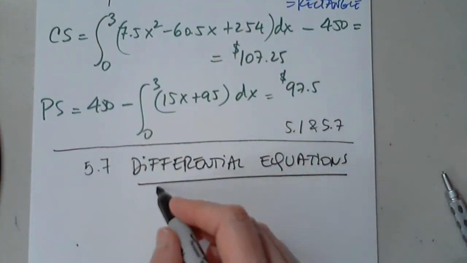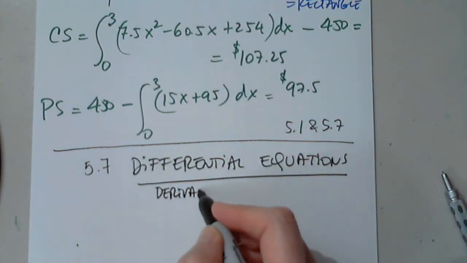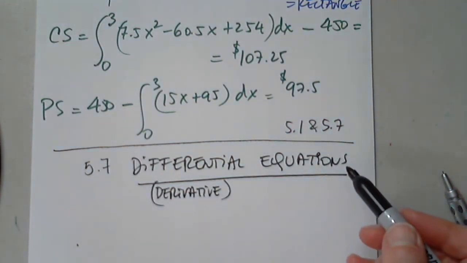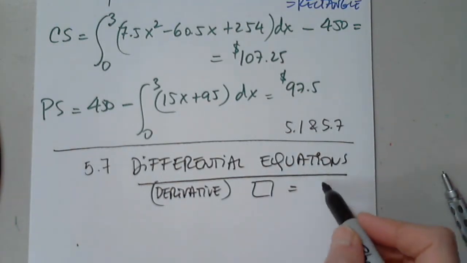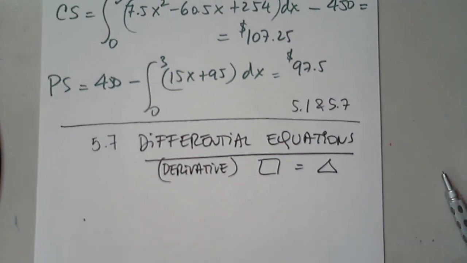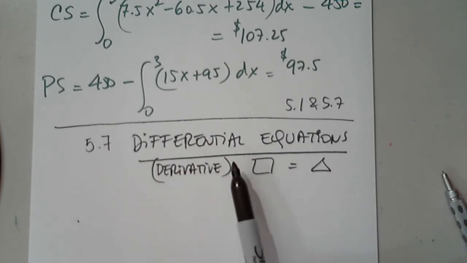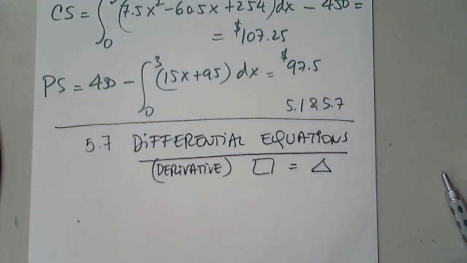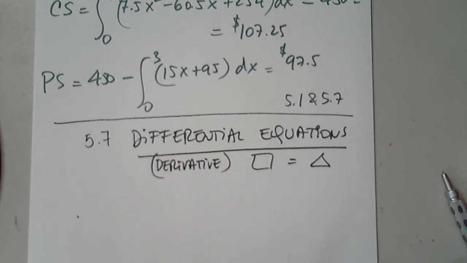It has something to do with the derivative. And we know what an equation is. Something on one side and equal to another. So basically these will be equations that have derivatives in them. Okay, they have multiple applications.